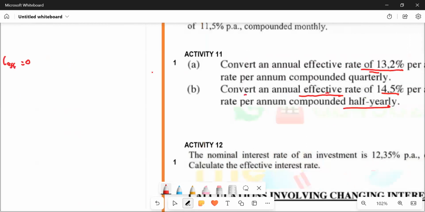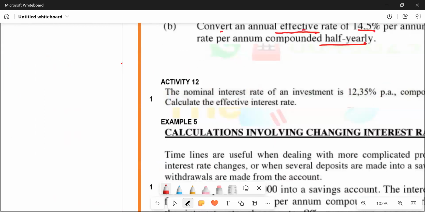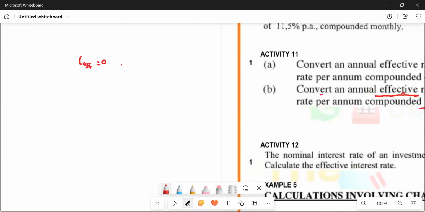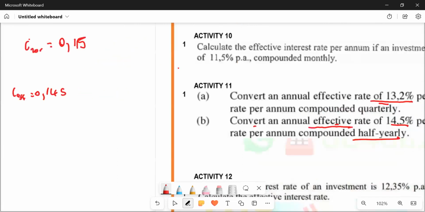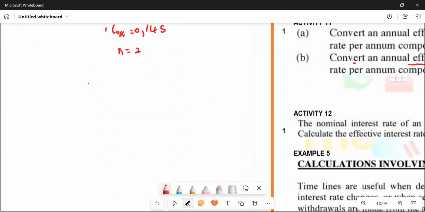It's 0.145. Our n is equal to what? To 2. Now, as soon as we have these two, the i effective and the n, we can use our formula. And by now, our formula seems to look like this.